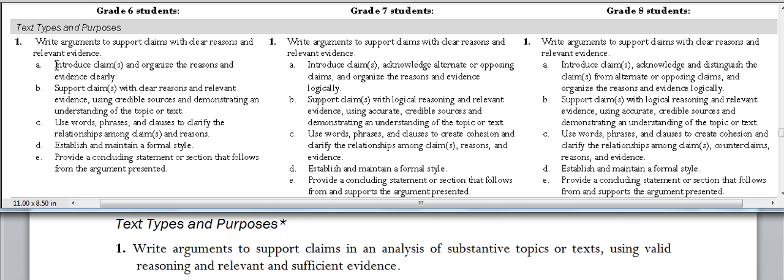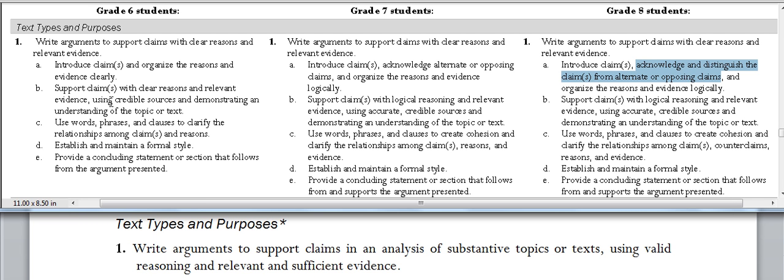If you look at item A, in grade level 6, they're introducing claims and organizing the reasons and evidence clearly. In grade level 7, they have to acknowledge alternate or opposing claims. In grade level 8, they have to acknowledge and distinguish their claim from alternate or opposing claims. So students are being asked to engage more in a dialogue.